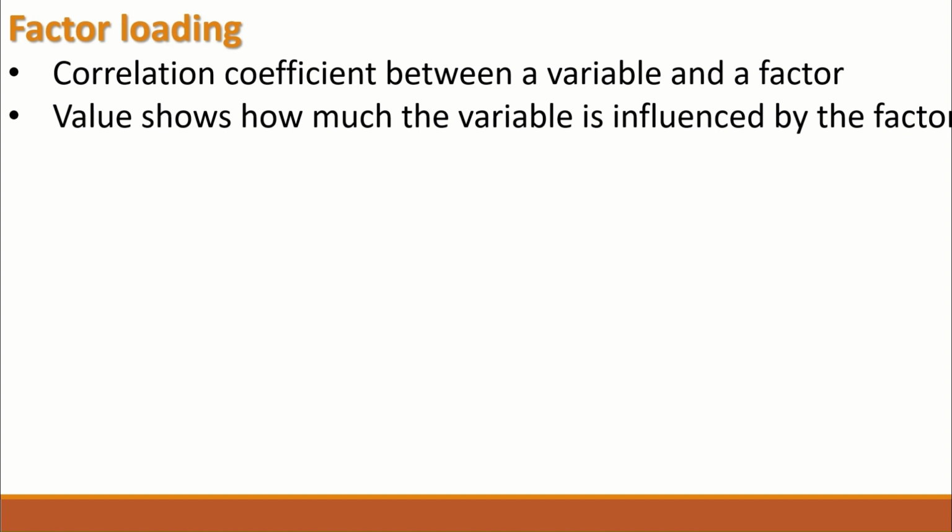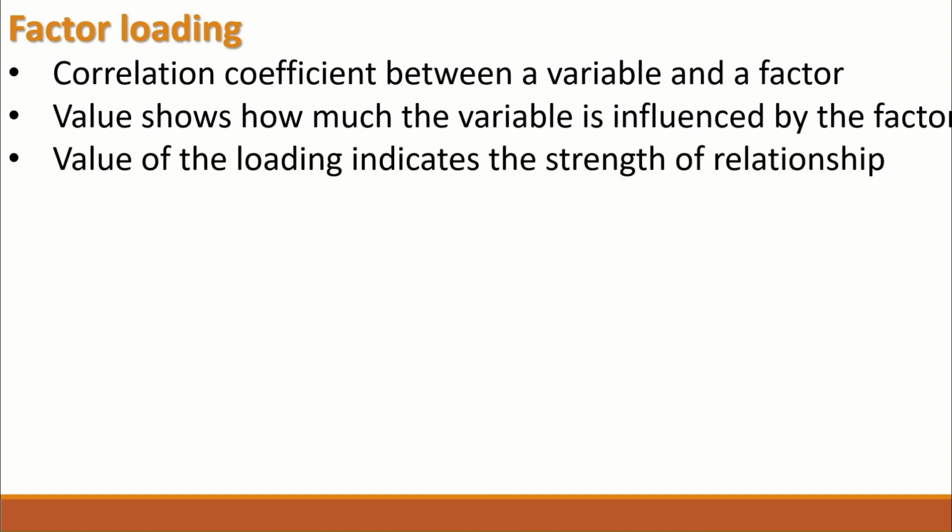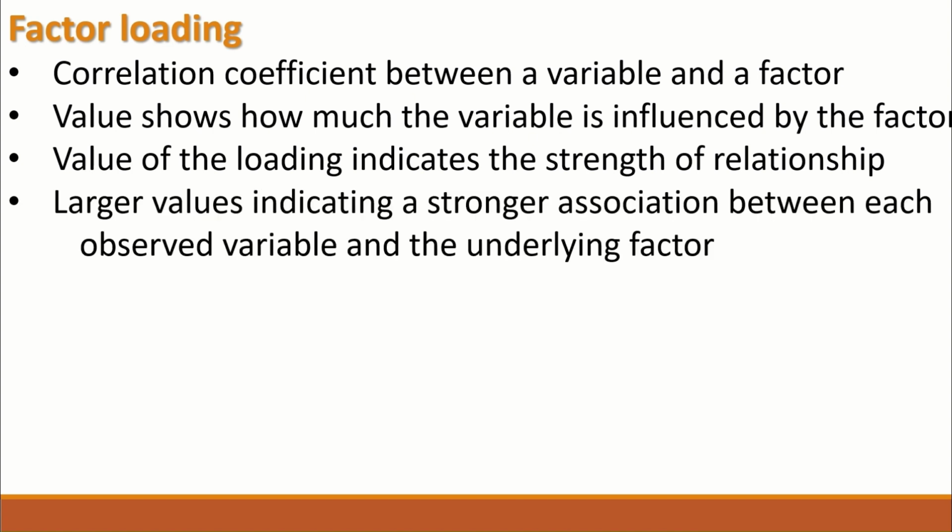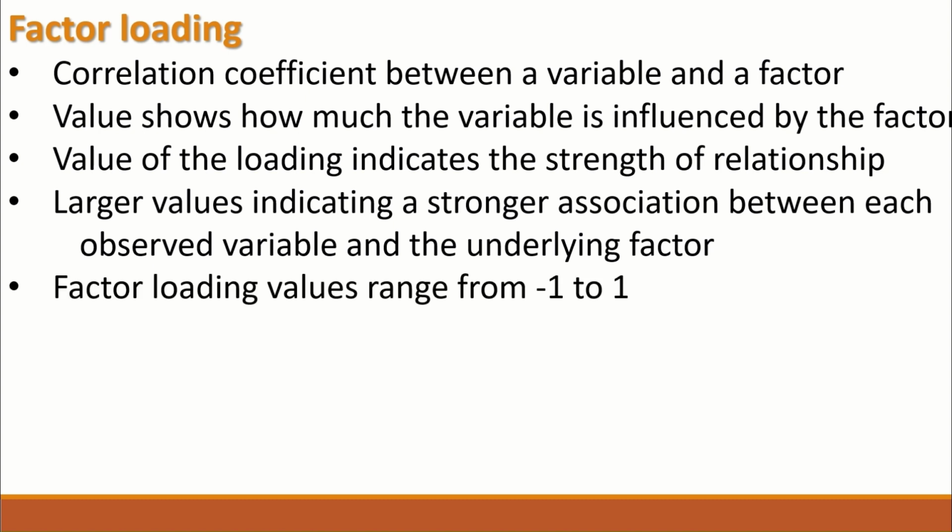The value shows how much the variable is influenced by the factor. The factor loading value indicates the strength of the relationship between the items and the factors. Larger values indicate a stronger association between the observed variable and the underlying factor.